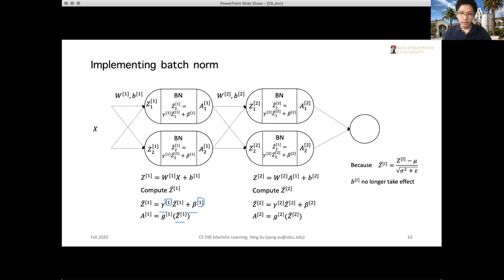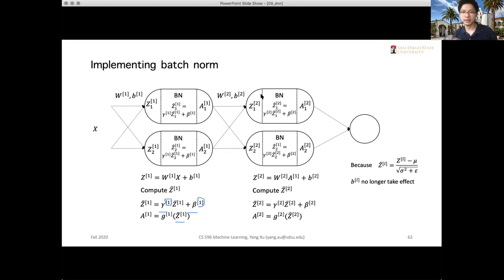Okay. So one fact about the batch norm is that when we compute the Z bars, we are basically subtracting the average values from the original Z's.